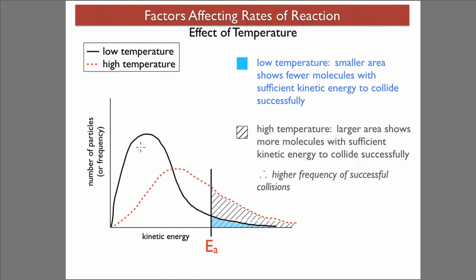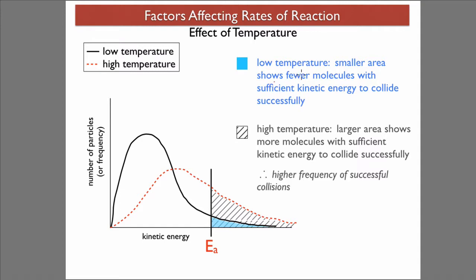Remember, temperature is a measure of kinetic energy, so we're just pushing it along. We're getting far more particles with increased temperature and with high kinetic energy. So even though the activation energy stays where it is, we're just going to get more particles here.